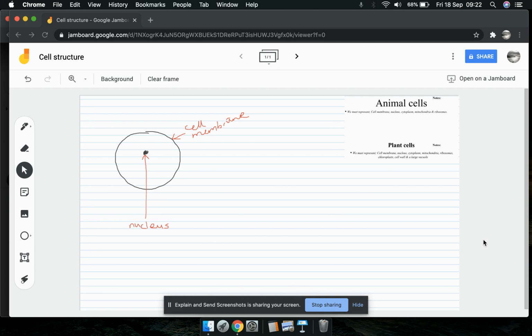Okay, what we could draw here is a few dots, and these dots represent another cell structure that's very small. It's actually produced in the nucleus and released from the nucleus, and this is called a ribosome. So I want to try and point to one of those dots, and call it a ribosome. Now, a ribosome is really important in a cell because it makes proteins.